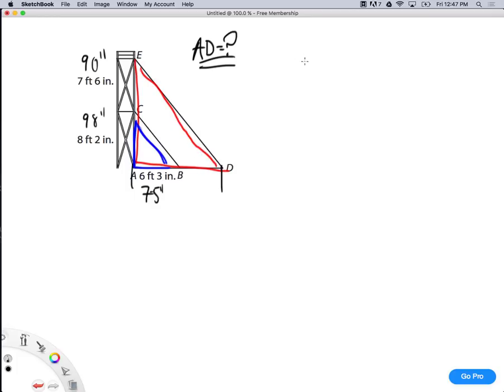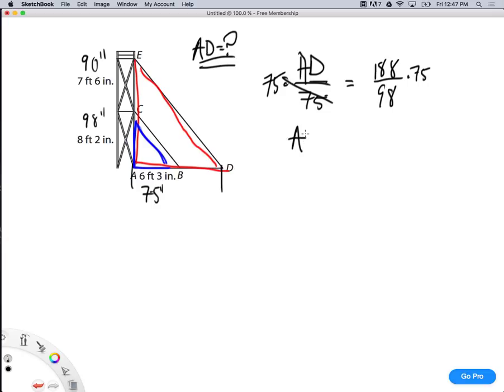Okay? So I say AD is, the proportion is the ratio is comparing it to 75 inches, which is the bottom side of the smaller triangle, equals the bigger triangle, which isn't just 90, it isn't just 98, it's 90 plus 98, which is 188, over the smaller triangle, which is 98. I multiply both sides by 75.